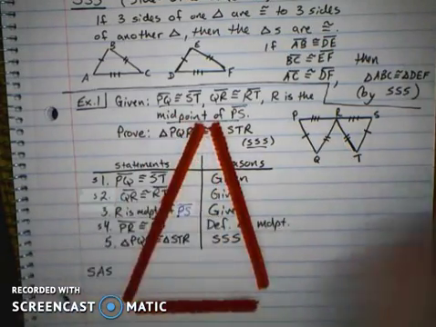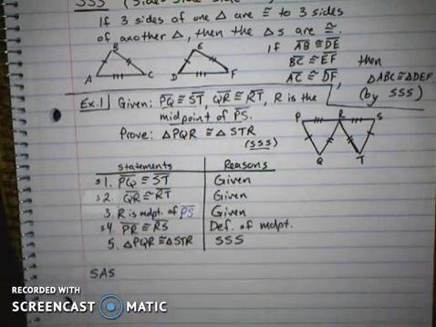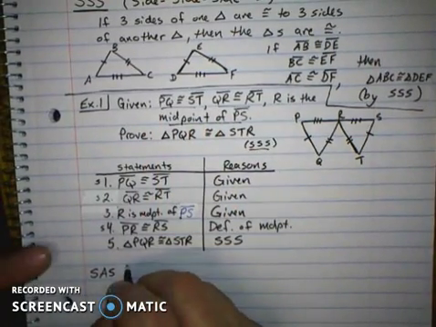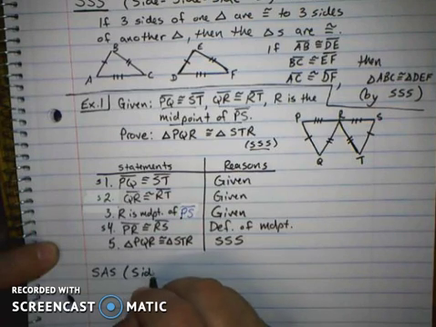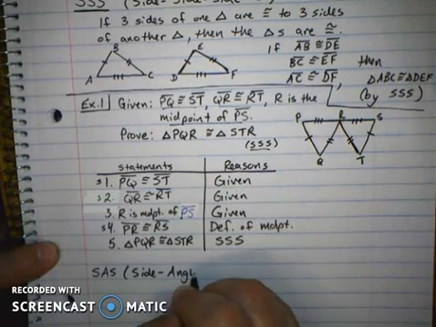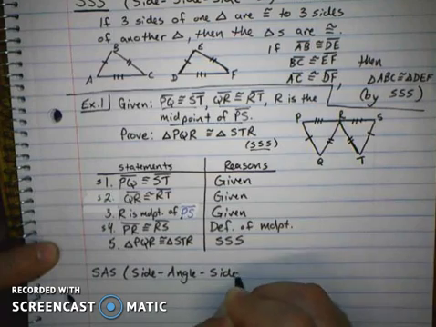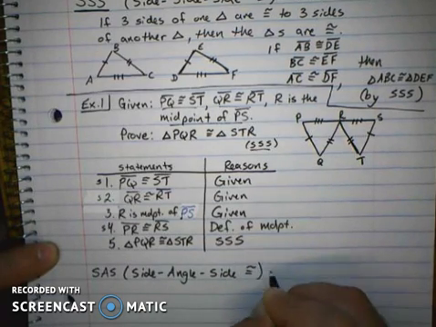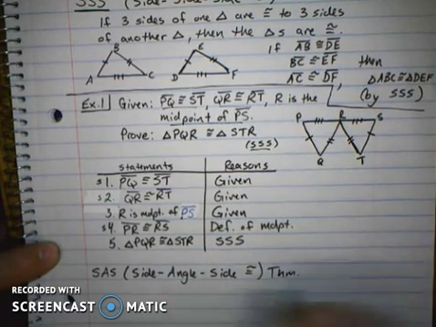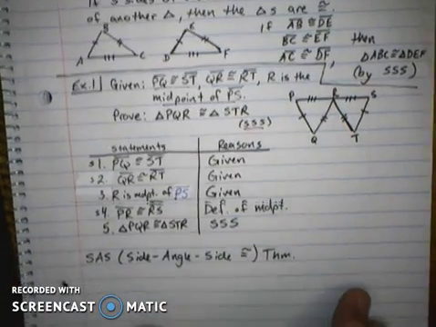So what we can do is show that triangles are congruent by using what's called the side angle side congruence theorem, or SAS. Okay, so we're going to use SAS.